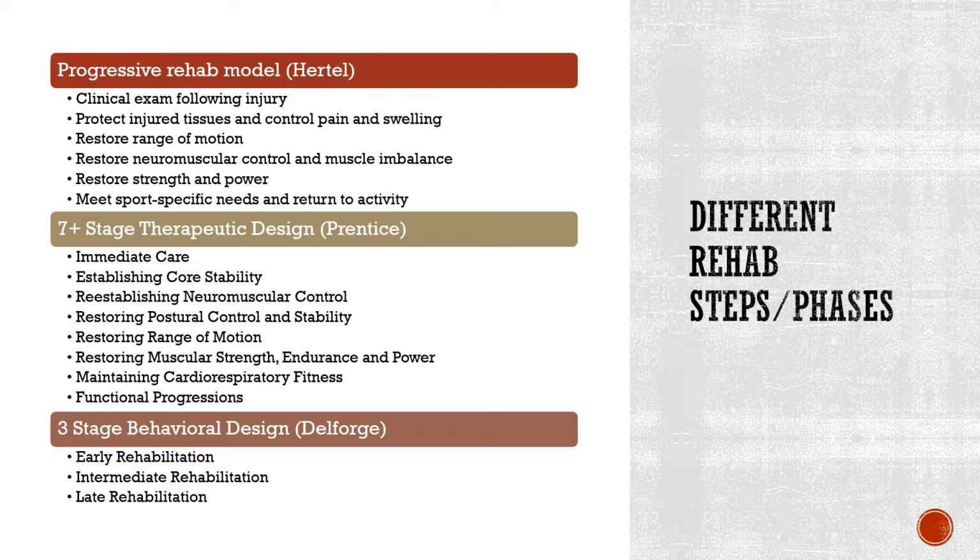So I don't ever like to say, like, the third phase of rehab, because the third phase of rehab for Hurdle is restore range of motion, in Prentice it's neuromuscular control, and here it's late rehabilitation. So we'll go through this, not that one's better than the next, but the idea that all of them provide some form of reference to what we can be doing to help choose the treatment modalities that would be most effective for our patient.